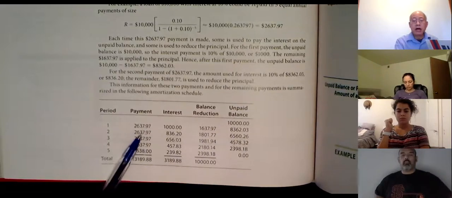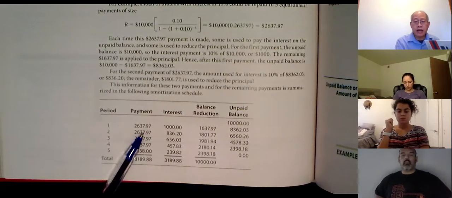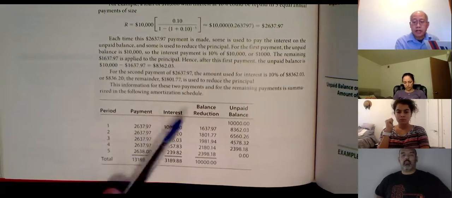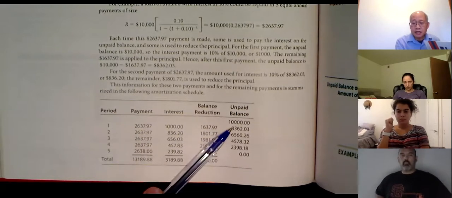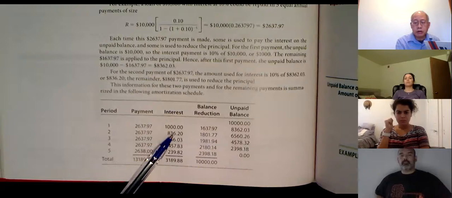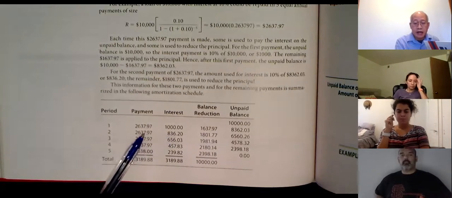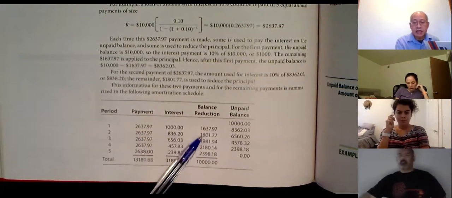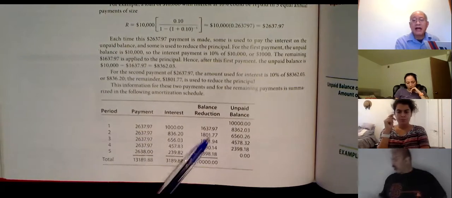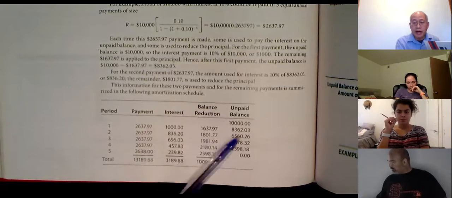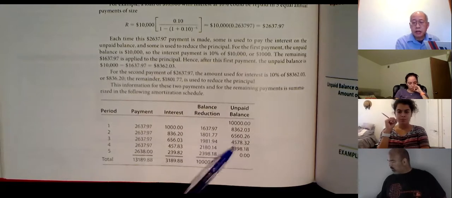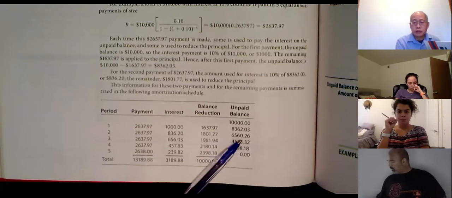So you make this payment, but again, the first amount that you have to pay is the interest. 10% of this is 836.20. Then you subtract payment minus interest, so that minus that is 1801.77. That's the amount that you get to subtract. If I subtract that from 8362, it's 6560.26.